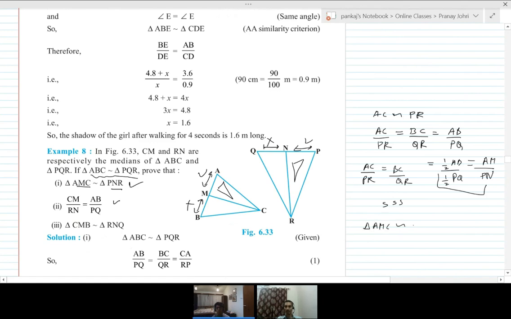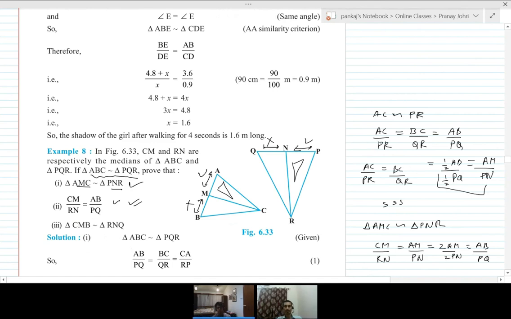So in this case, we have CM by RN equal to AM by PN, which is equal to 2 times AM by 2 times PN, which is equal to AB by PQ. Okay, fine. Let's go to the third one. Triangle CMB and triangle RNQ. Is it clear, the first two parts?